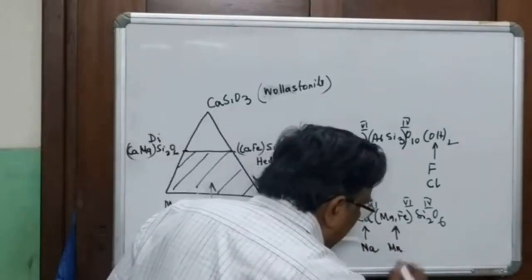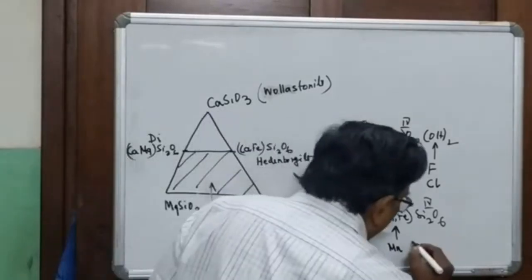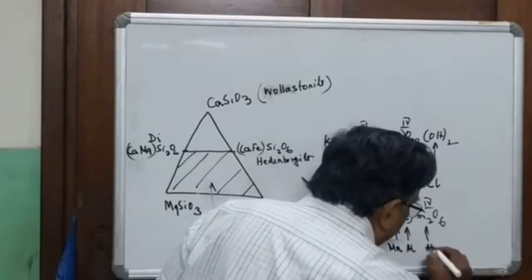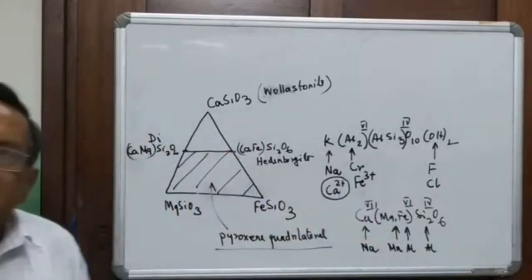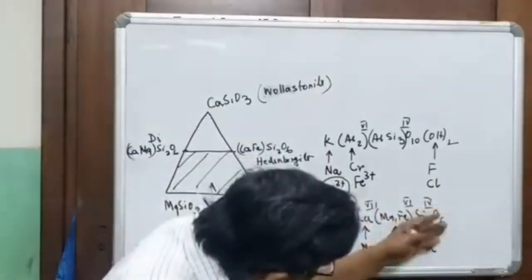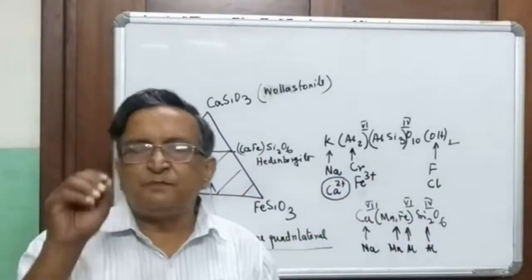Manganese goes into this site very commonly. Some of aluminium goes into this site, some into this site, and there can be titanium, chromium, and other elements that go into pyroxene to make up 100 weight %.